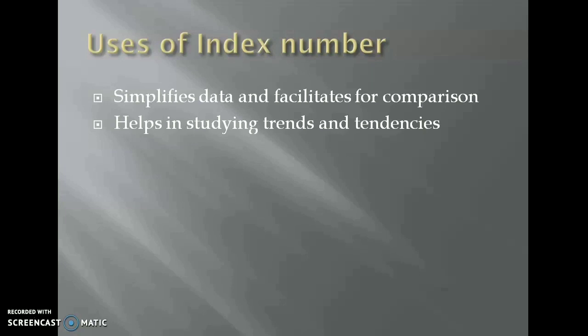He cannot prove anywhere that his umbrellas are in demand during winter season, isn't it? So that is trends now. First you should understand the trends. So this index number helps us in understanding the trends and tendencies.